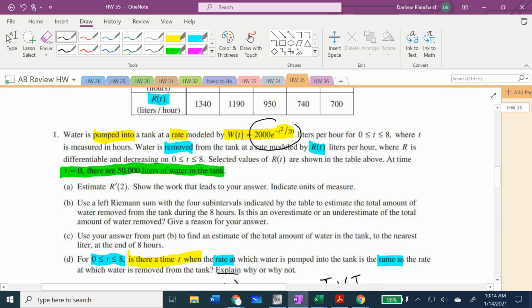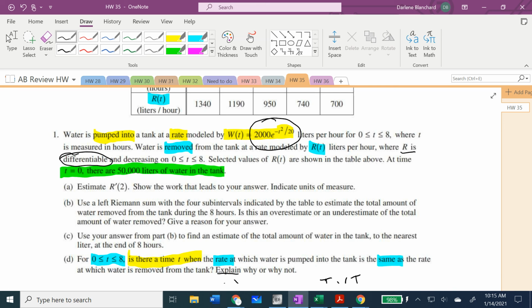You know that W on its own is continuous because it's an exponential function, and exponential functions are continuous. The only reason you know R is continuous is because of this word being used. It told you that R is a differentiable function. That means not only is R differentiable, but it's automatically continuous because it has to be continuous in order to be differentiable.